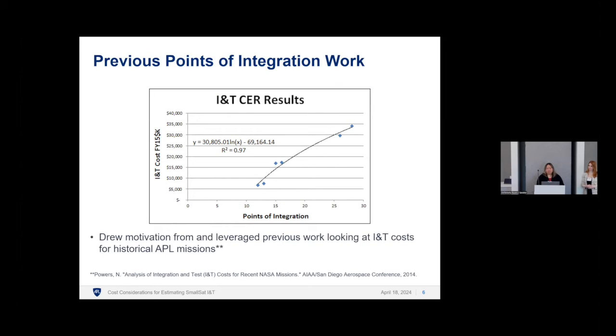And there is some background on using points of integration as an estimating parameter. There's previous work that's been done at APL looking at INT costs for larger satellites. And that work as well used points of integration. So we leveraged some of the work that was done there in looking at how to use points of integration to estimate INT costs.